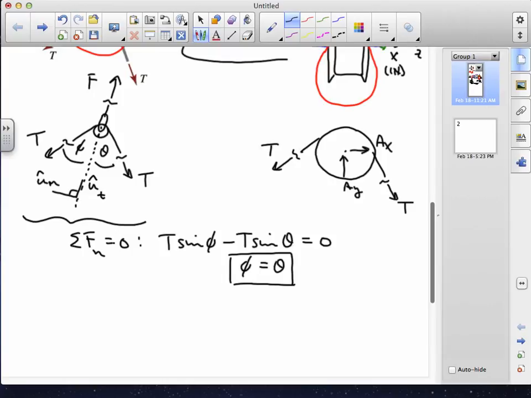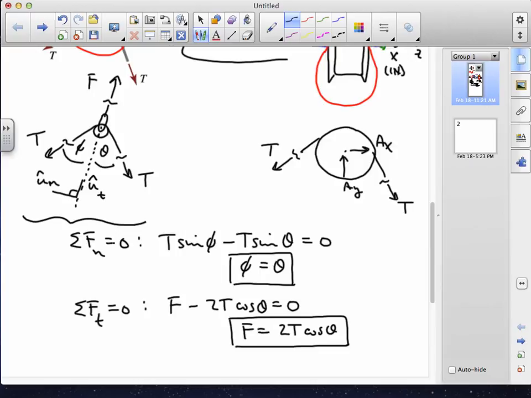We can now get an expression that relates the upper cable force F to the cable tension T by writing sum of the forces in the tangent direction equal to 0. And taking advantage of the fact that phi is equal to theta, this is simply going to give us F minus 2T cosine theta equals 0, or F equals 2T cosine theta.